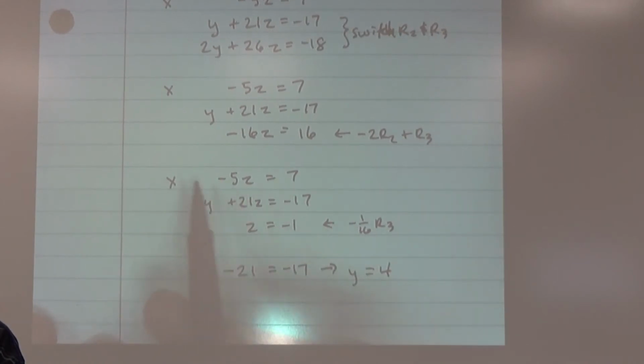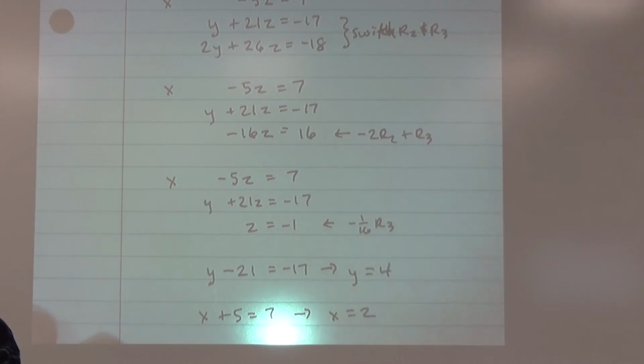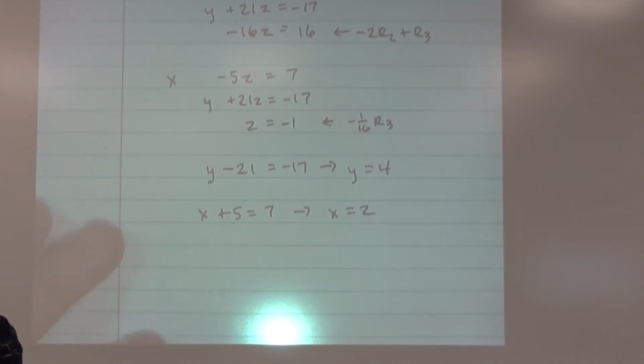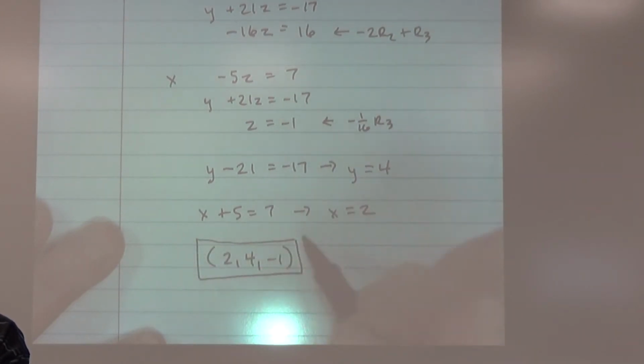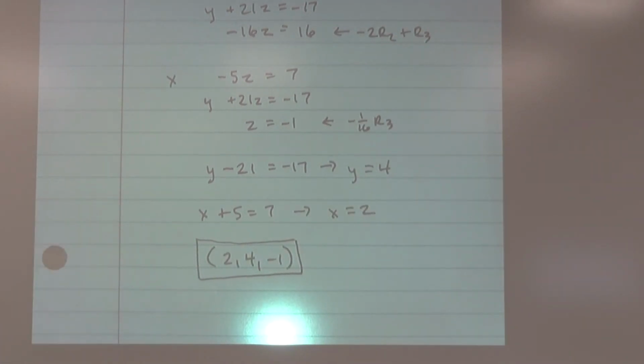And then if we go into the top one, x, and replace the z with negative 1, negative 5 times negative 1 is positive 5. So x is 2. And so our solution is now 2, 4, z was negative 1. There's the solution.